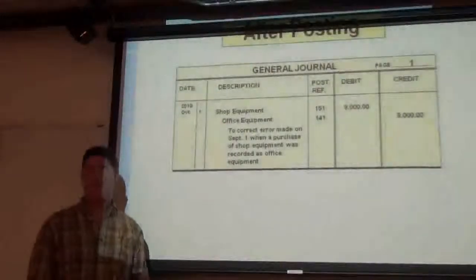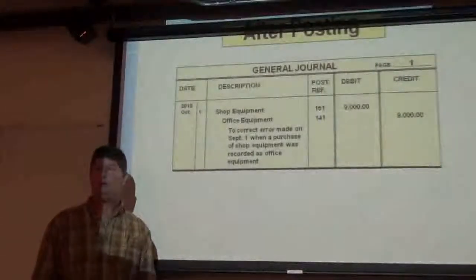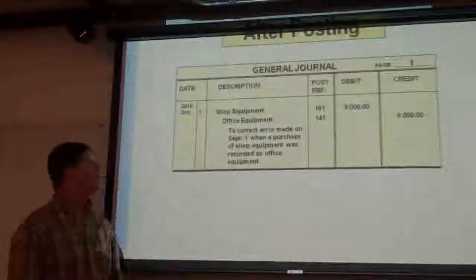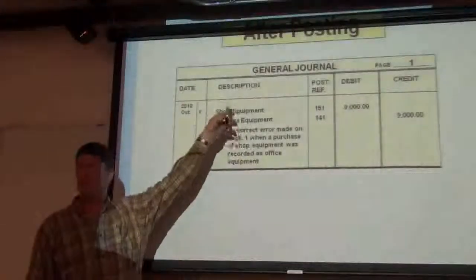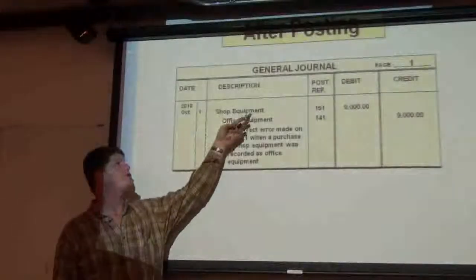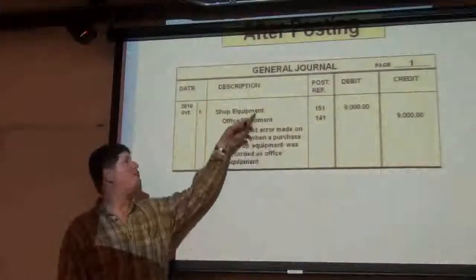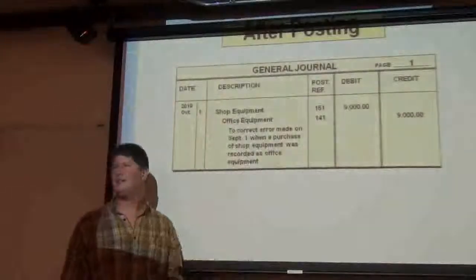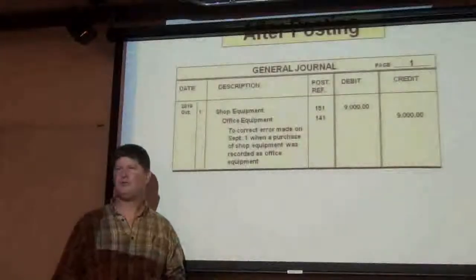Okay? Now I'm going to just throw in a little bit of my experience here. I have a belief. This is easy. You can do this. There's one debit and one credit. In the real world, you will have entries where there are many debits and many credits. And if you go back and try and just change one like this, it can snowball on you and become more confusing.